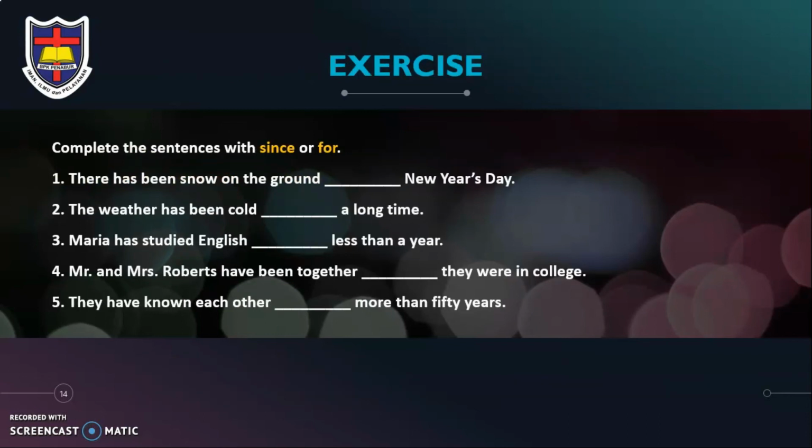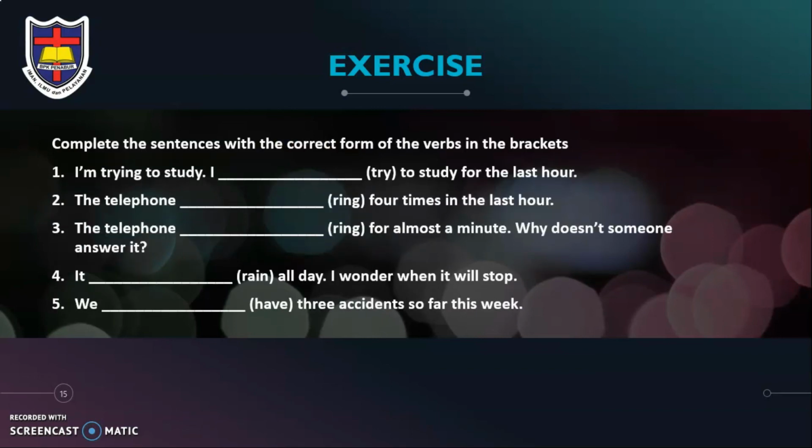Next, here are some exercises that need to be finished. Yeah, that is for since and for, or you can replay this video to know more about since or for. Make sure each of you finishes this exercise, and then this is the exercise about present perfect continuous and simple.